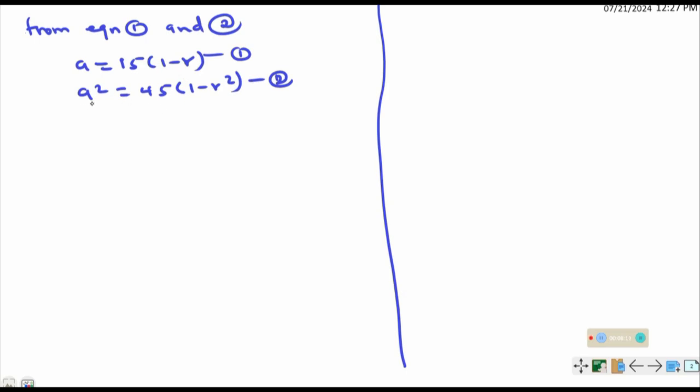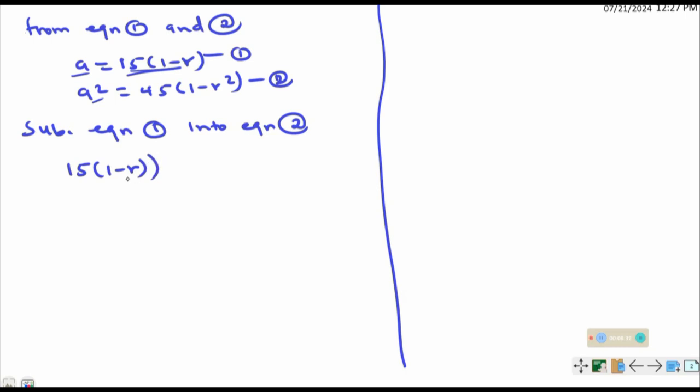So from these two equations, we already have a in terms of r. So let us substitute equation number 1 into equation number 2, where there is a. In equation number 2, we shall simply substitute 15 into 1 minus r. So this will imply that 15 into 1 minus r, the whole of this is a, but a is squared.